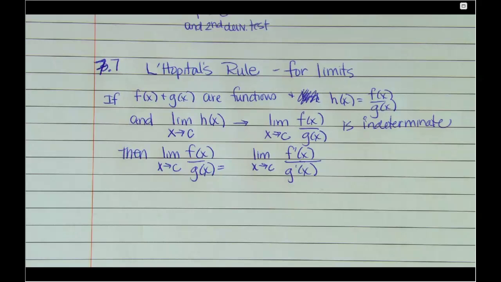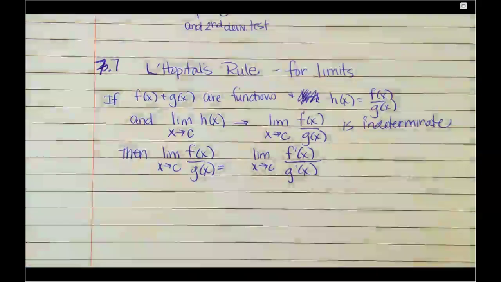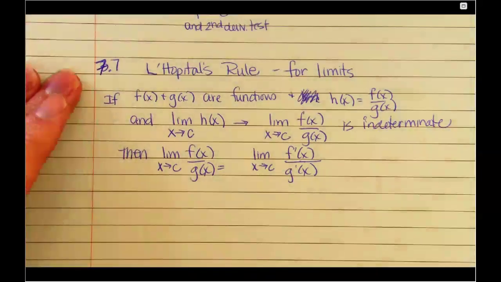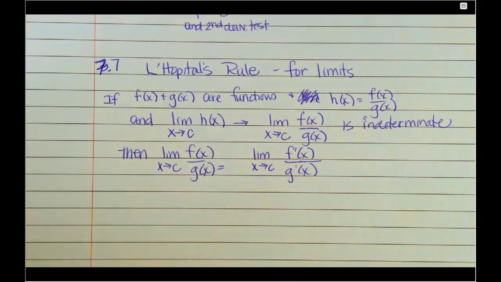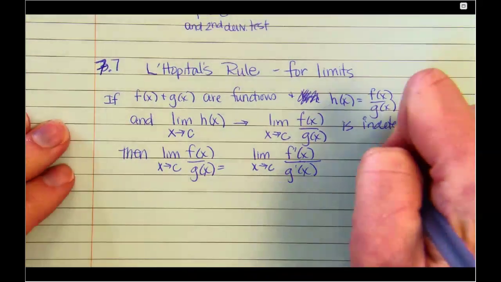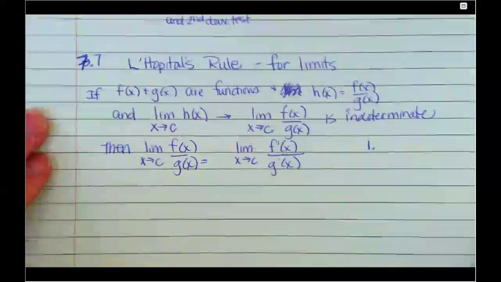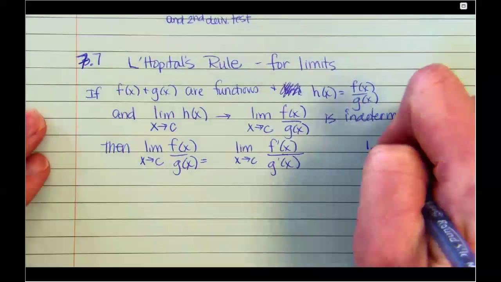That's a lot of limitations. No, I know. This doesn't look easier. I promise it is. As soon as I explain it to you, you're gonna be like, oh, okay. So there's two conditions here. The first condition is that you're dealing with a fraction.